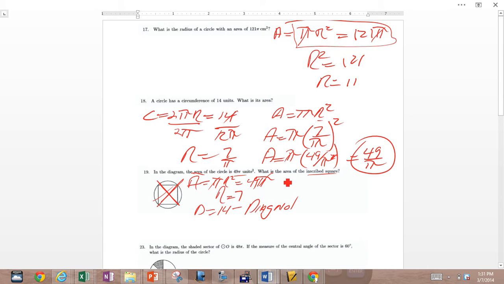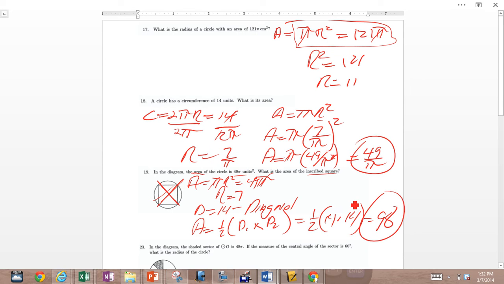And we know that a square is a rhombus, and the area of the rhombus is 1/2 d1 times d2, 1/2 the product of the diagonals, which is 1/2 of 14 times 14, which is 1/2 of 196, or 98 units of area in the square.